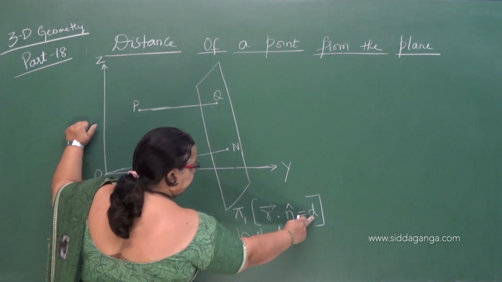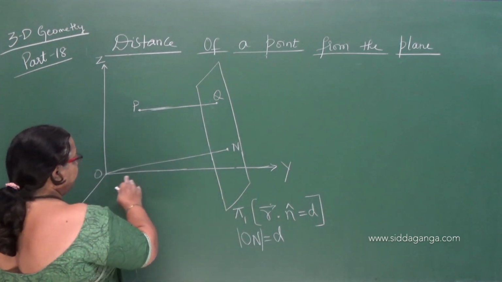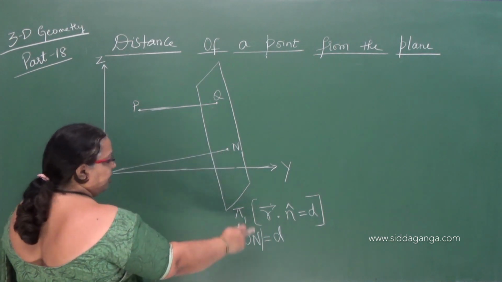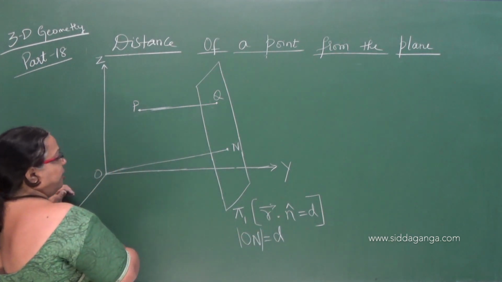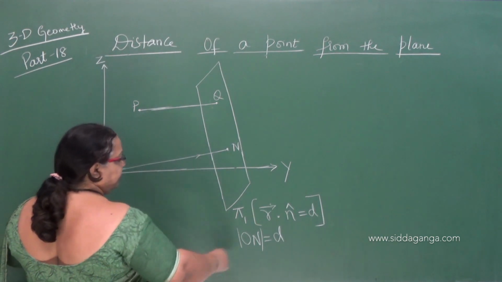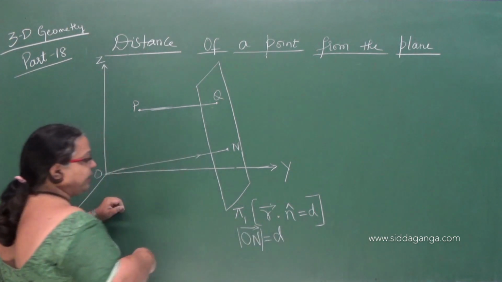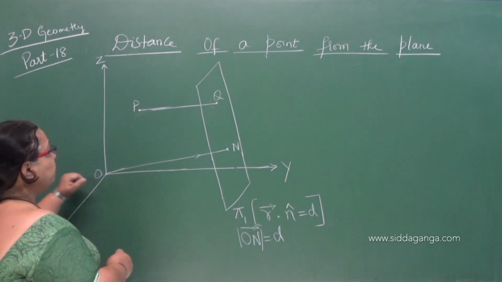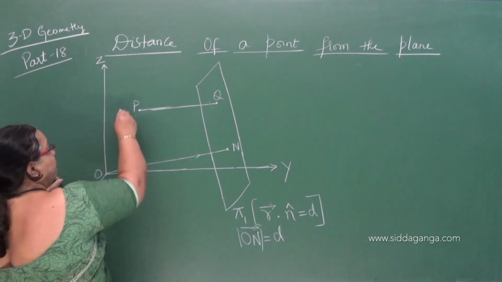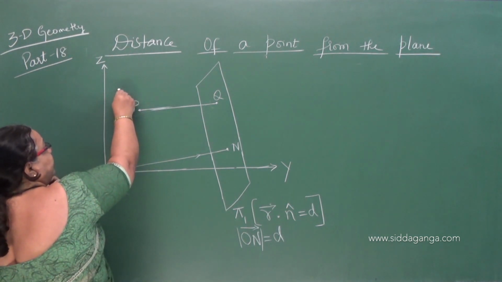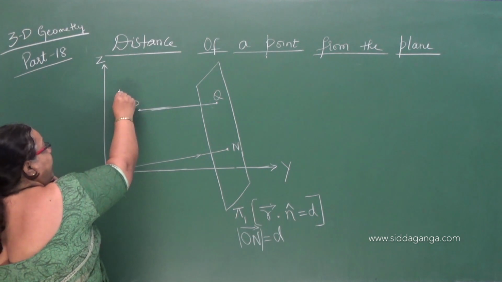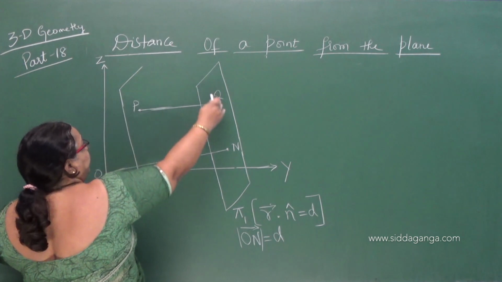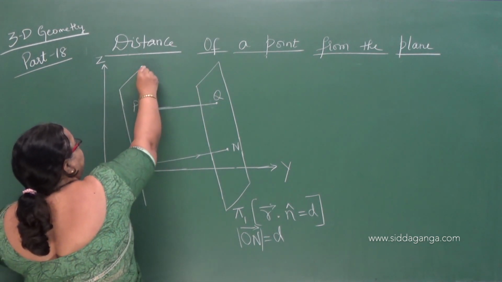So where d represents the distance which is the normal vector, ಈ distance ಅನ್ನೇ ನಾವು d ಅಂತ ತಗೊಳ್ತಾರೆ. ನಾವು ಇದಕ್ಕೆ ಡೈರೆಕ್ಷನ್ ಹಾಕಿದ್ರೆ ವೆಕ್ಟರ್ ಆಗುತ್ತೆ. ಹಾಗಾಗಿ magnitude of vector ON is taken as d. Now we have to draw a plane, where that plane should contain the point P, and it must be parallel to the given plane. So ಈ ಪ್ಲೇನಿಗೆ ಇದು ನಮಗೆ ಪ್ಯಾರಲಲ್ ಆಗಿರಬೇಕು.